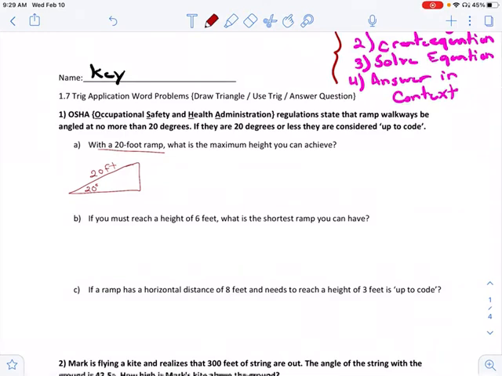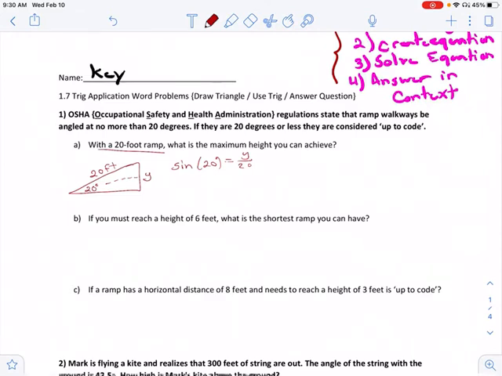Then what is this height, or what can I clear, potentially trying to get to a landing or something along those lines? This is just a trig problem where I'm looking for the opposite, and I have the hypotenuse, so I can say that the sine of 20 degrees is equal to y over 20.